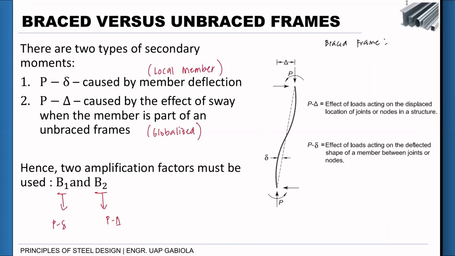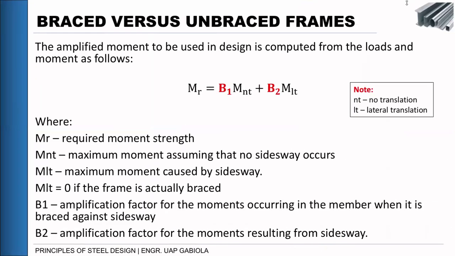Okay? So the amplified moment to be used in the design is computed from the loads and moments as follows. Our required moment is no longer simply the Mu from our load combination. It will be a combination of B1 times Mnt plus B2 times Mlt.